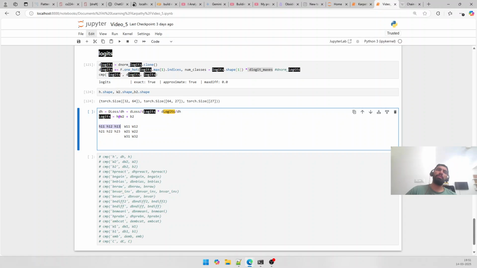If I take one of the elements, it will be h11 into w11 plus h12 into w21 plus h13 into w31.